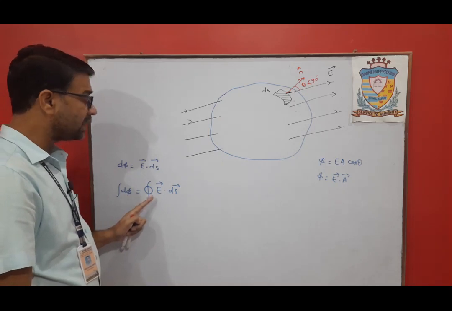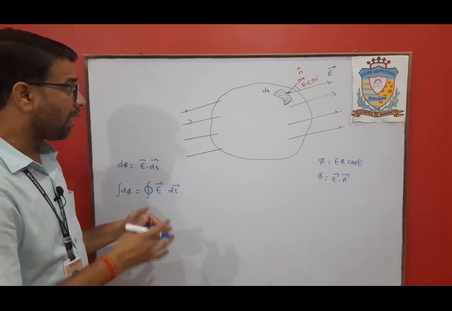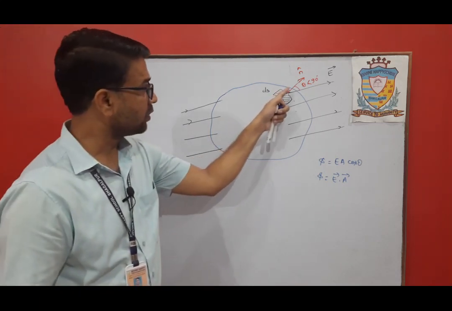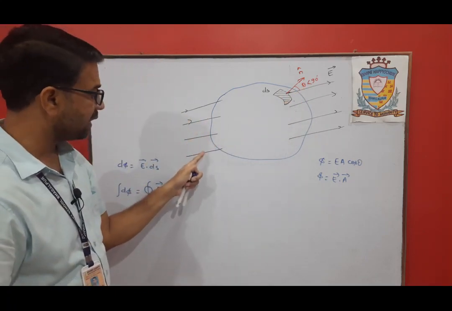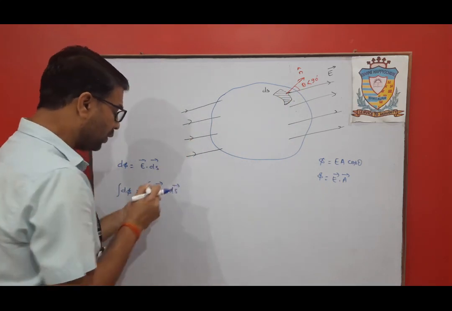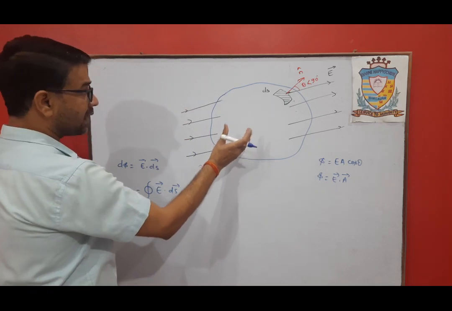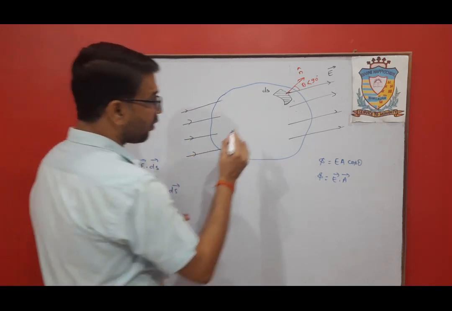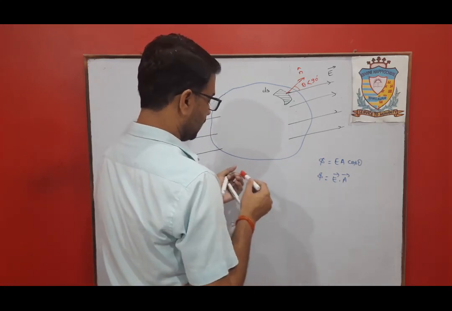Closed integral means the sum of all small parts, moving in any direction. So we sum up all the area vectors related to this electric field intensity, for all electric field moving outward.